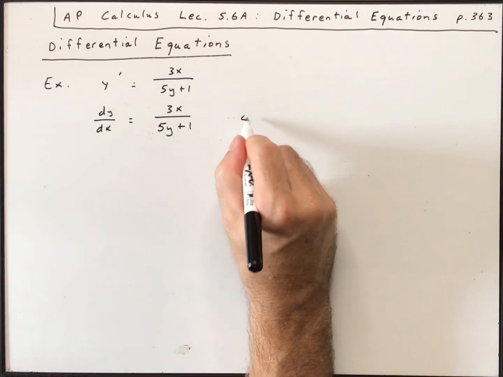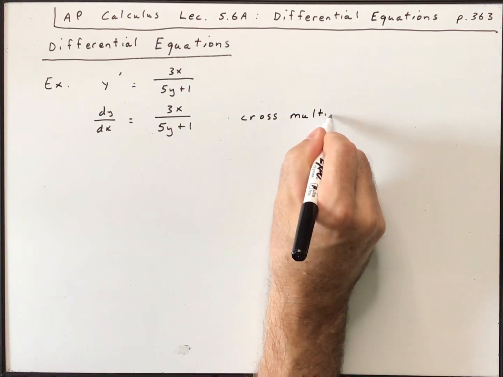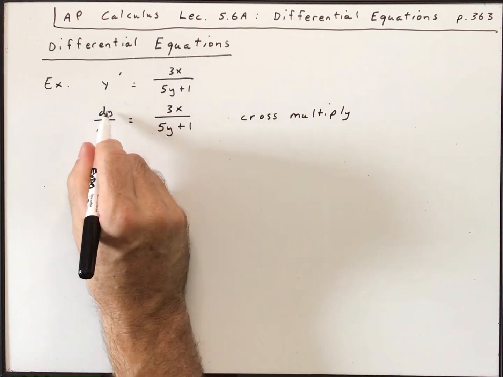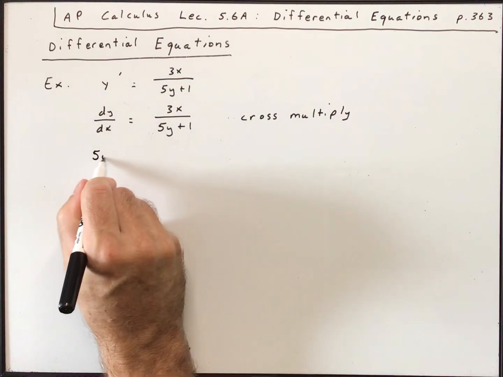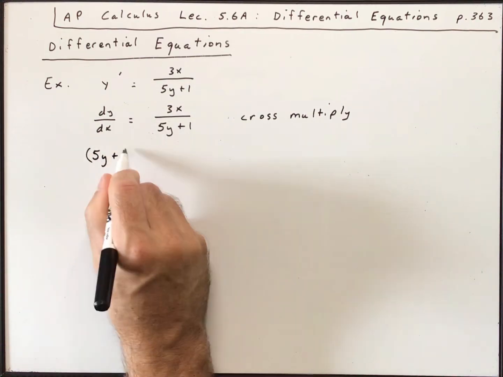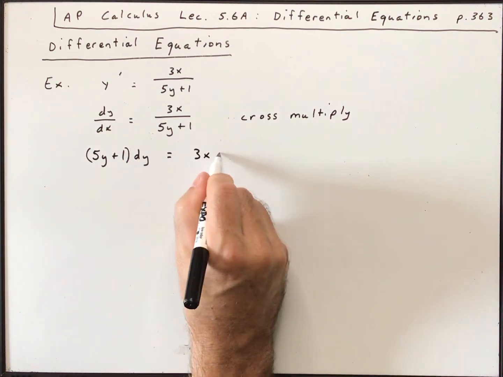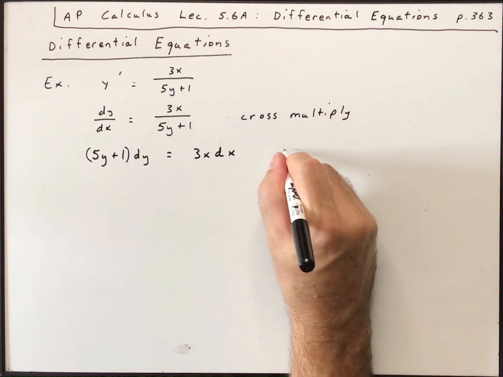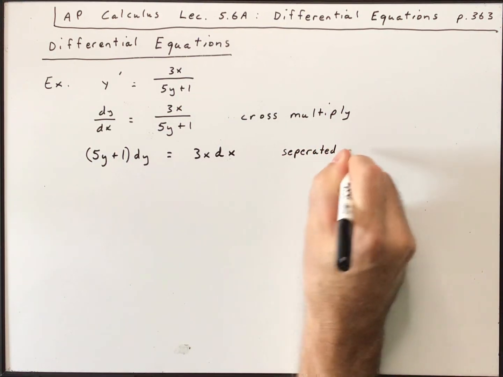We could just cross multiply. Bring the 5y plus 1 up here, multiplied by the dy, and the dx times the 3x, and you would have 5y plus 1, all multiplied by dy, is equal to 3x dx. So now we have separated variables.